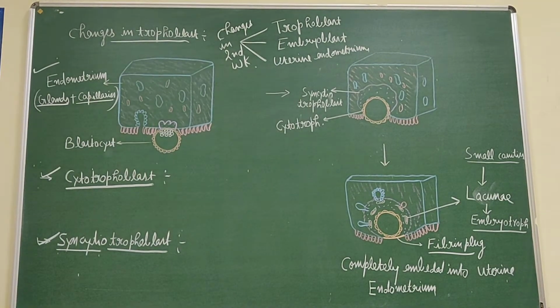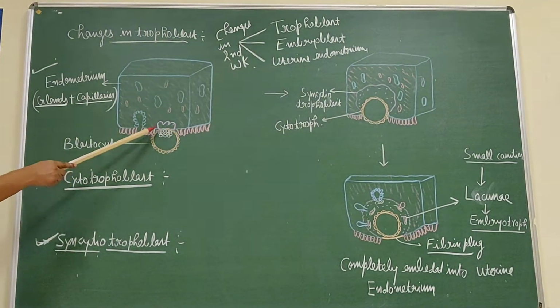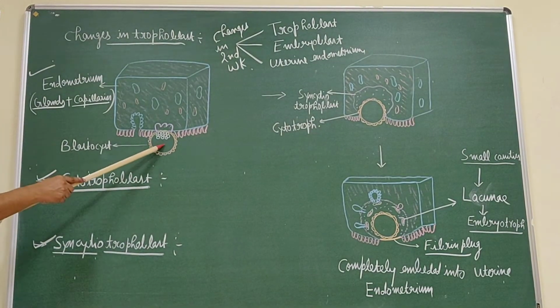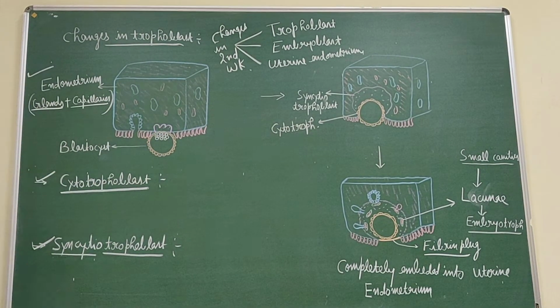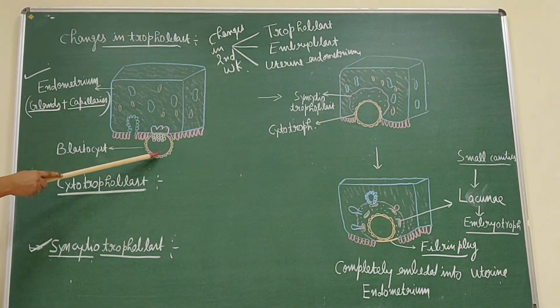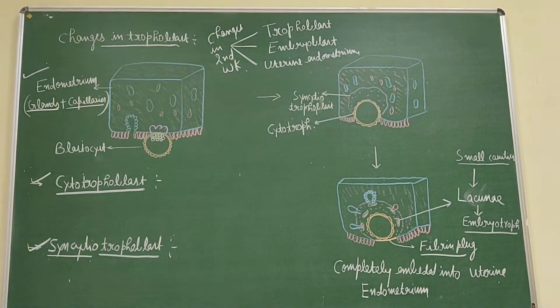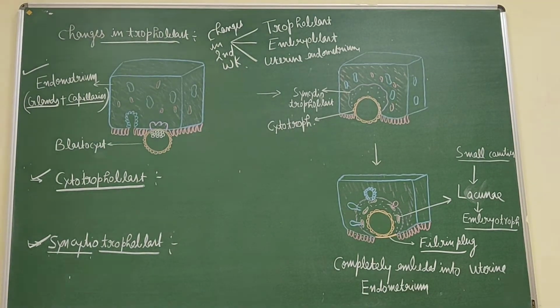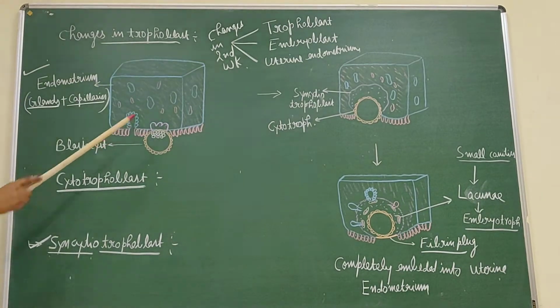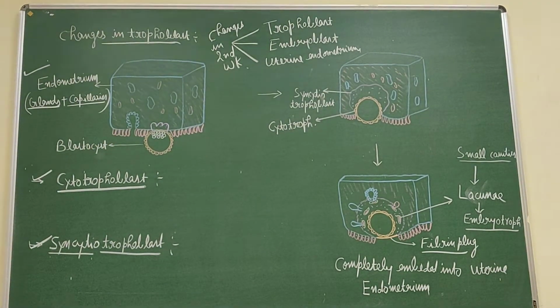If you remember the previous class, this blastocyst has the trophoblast, it has the cavity, and this is the embryoblast. It has two poles, the embryonic and abembryonic pole. The importance of the embryonic pole is that it is first attached to the uterine endometrium.